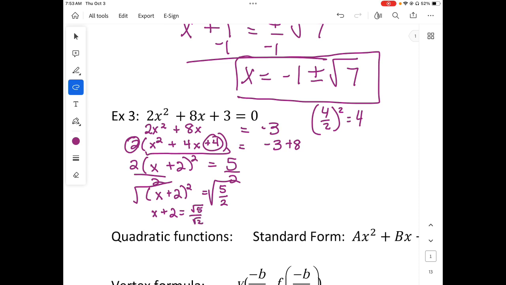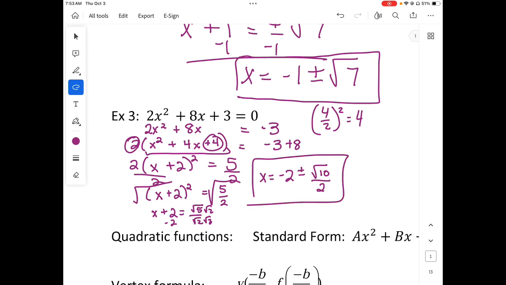But we need to rationalize that denominator. So times square root of 2, and subtract the 2. So we get x equals negative 2 plus minus square root of 10 over 2. So again, that's two solutions.